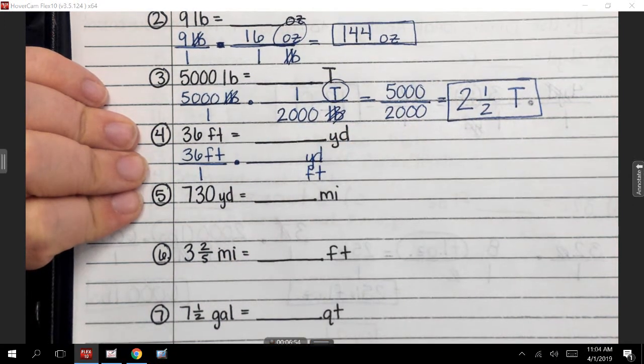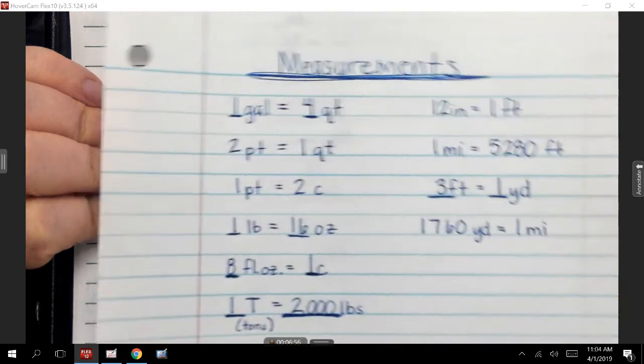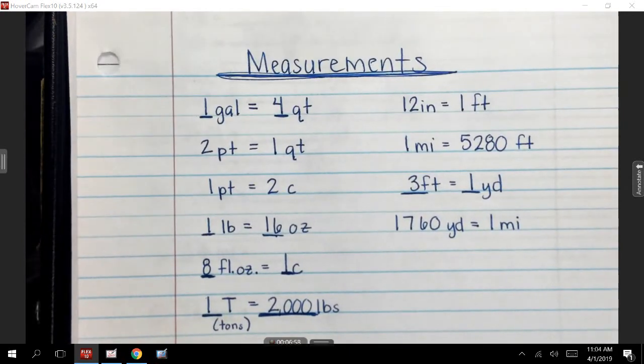All right. Gabby, using that chart from earlier, what numbers have my yards and my feet? What am I going to use for that? Which line talks about yards and feet? 3 and 1.